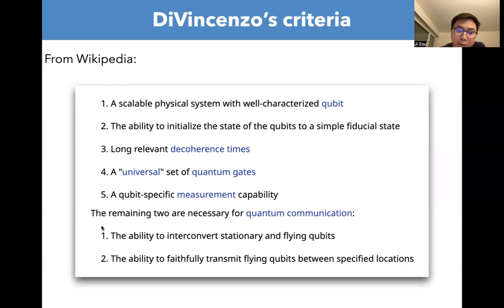And these last 2 points are for quantum communication. Namely, we should be able to convert a stationary qubit into a flying qubit, and also from a flying qubit to a stationary qubit.